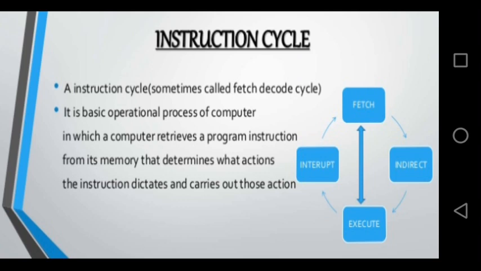What is meant by decoding? The opcode part contains some number of bits. If it contains 3 bits, there can be 8 different operations. Which of these 8 operations is required to be performed has to be decoded by a special unit in the control unit, that is the instruction decoder.